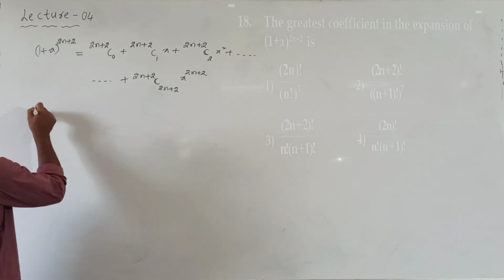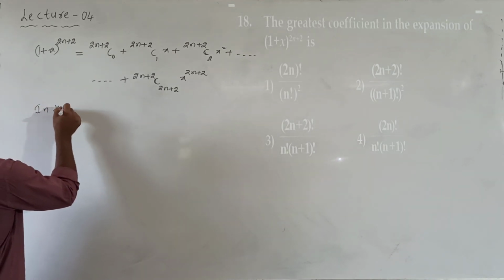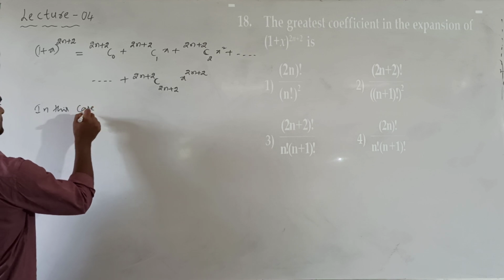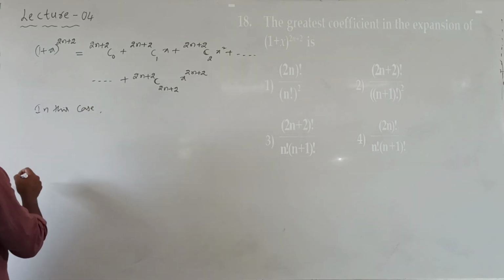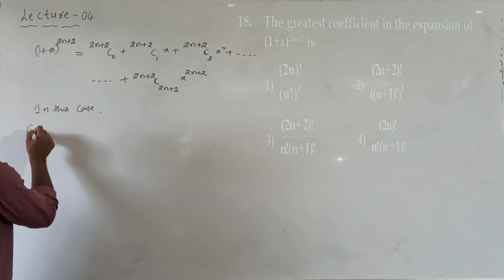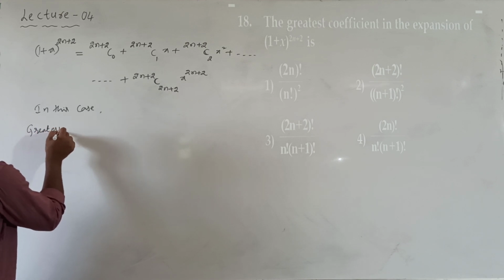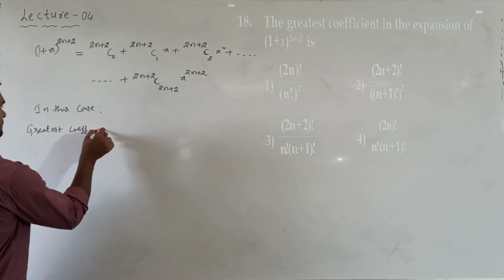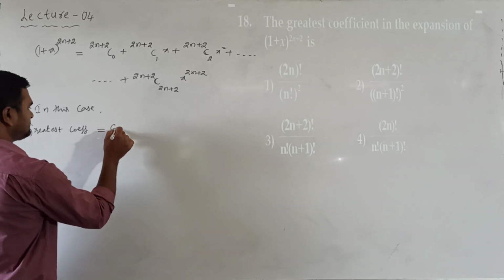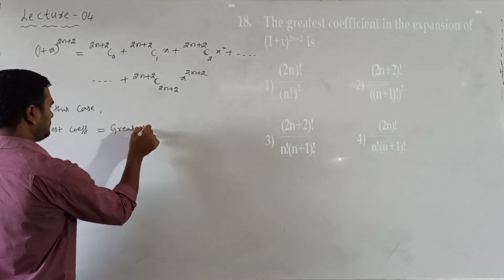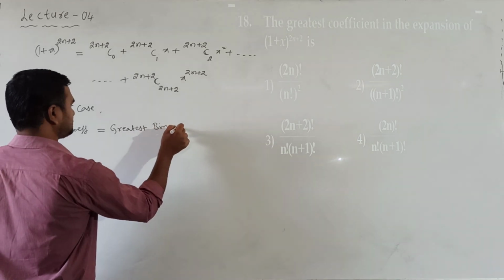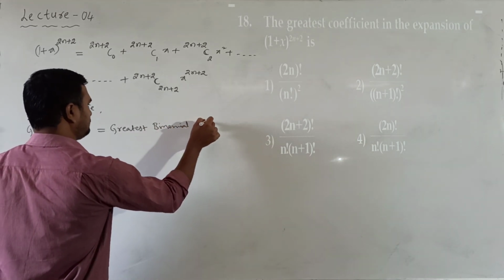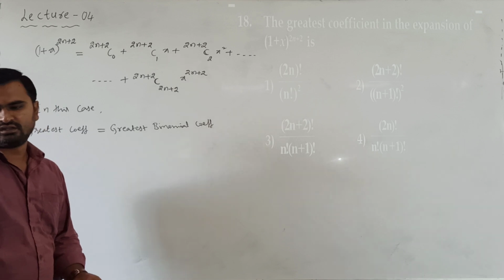So in this case, the greatest coefficient is nothing but the greatest binomial coefficient. Okay.